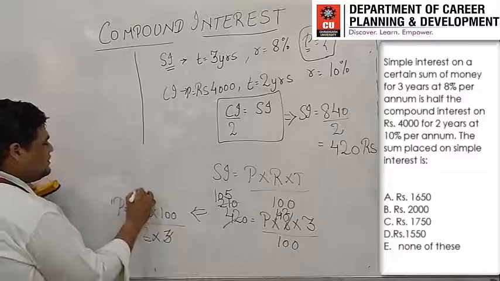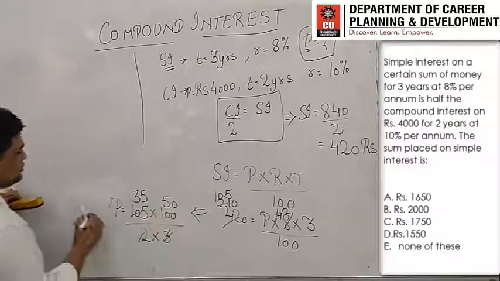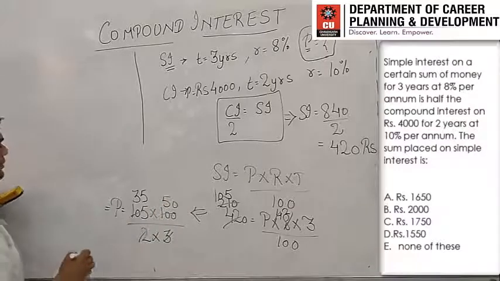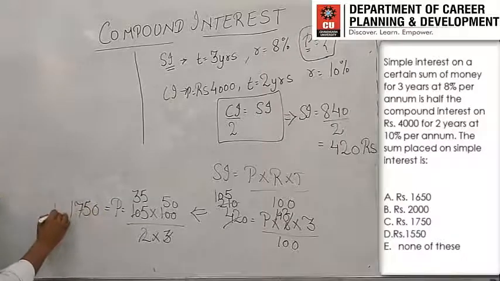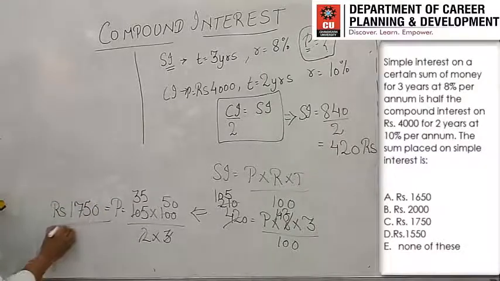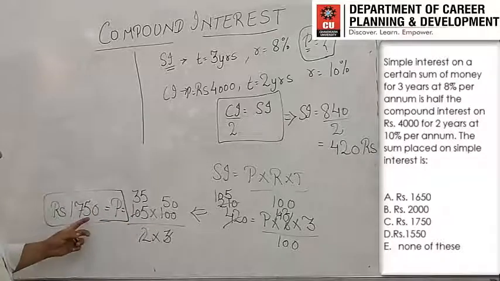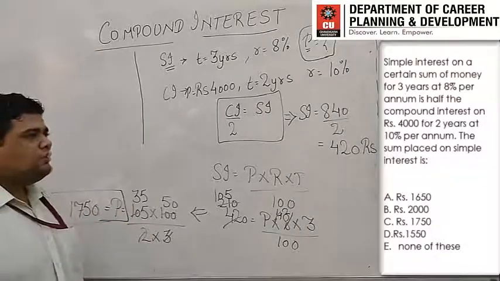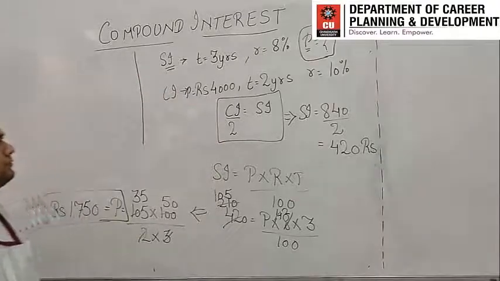Again cancel this out. This will be 35, this will be 50. So the final principal is coming out to be rupees 1750. This will be your final answer for this question, where the principal is rupees 1750 in case of simple interest.